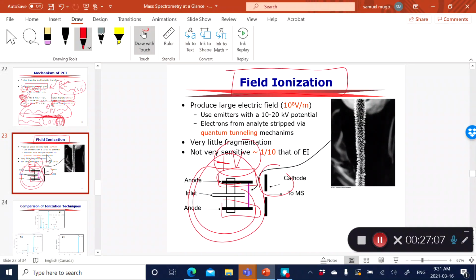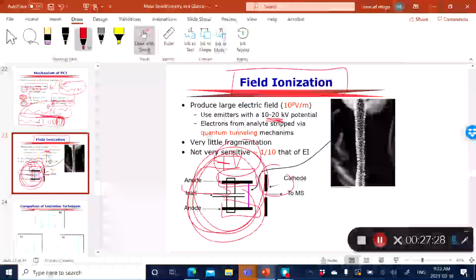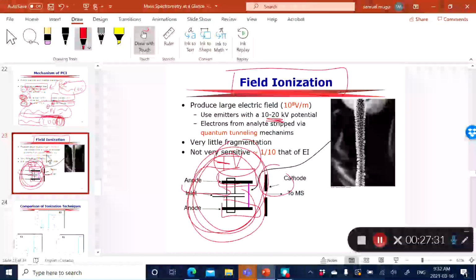Typically, as you can see, it's 10 to 20 kilovolts of potential that you're applying on that anode. And so as your sample goes through the inlet, it is perturbed by this very high voltage environment, and that causes ionization.